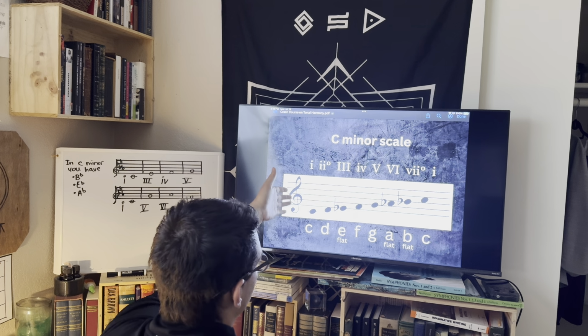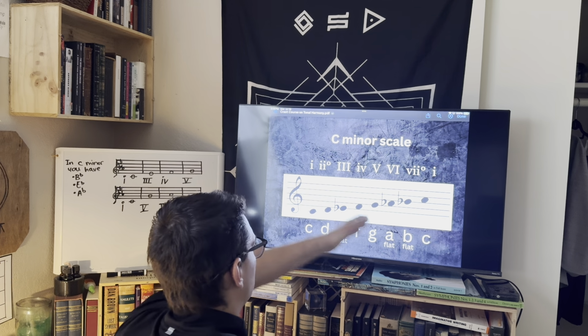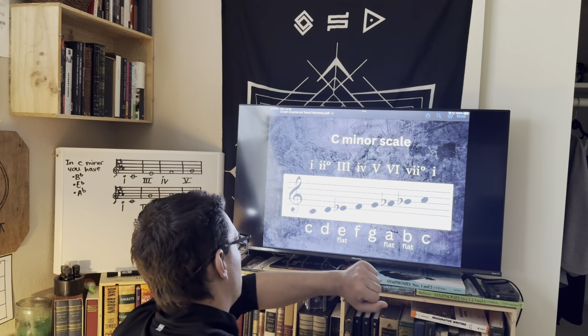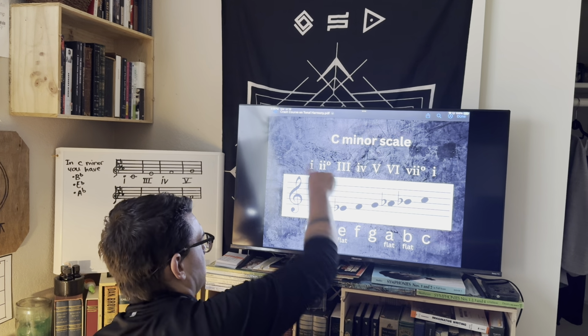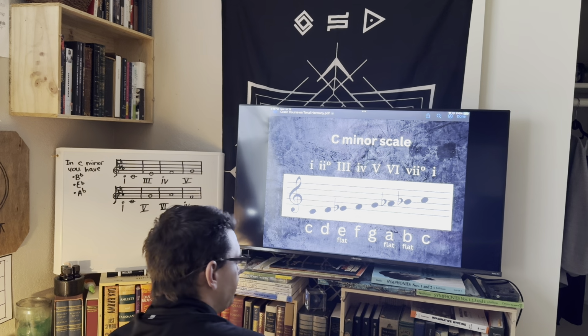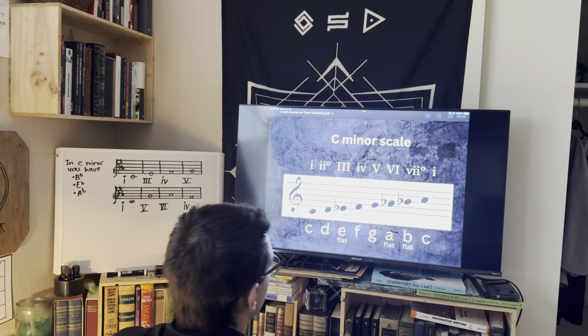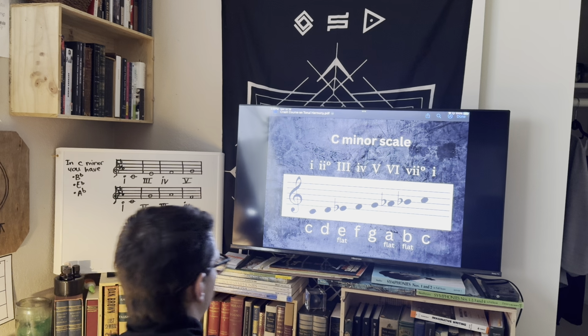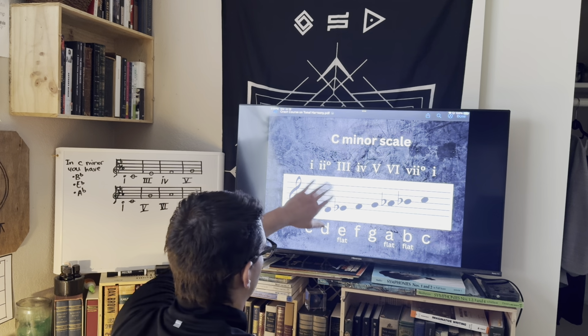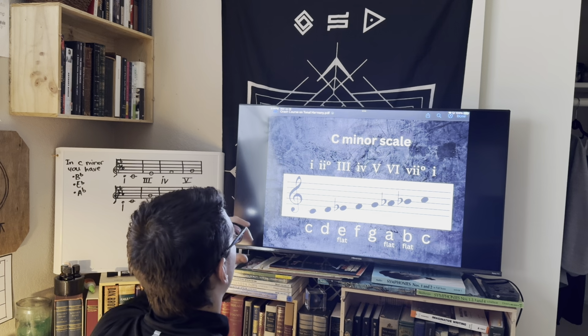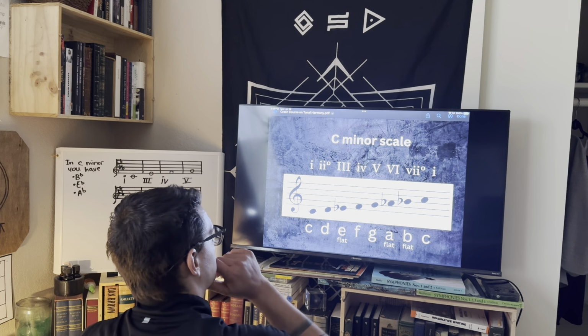You might be asking yourself, why are some of the Roman numerals lowercase and why are some uppercase? And also, what is this little degree symbol here? I'm not going to get too far into that because it's not too terribly important, at the moment when you're first learning this stuff.